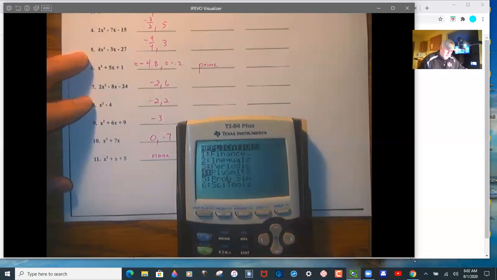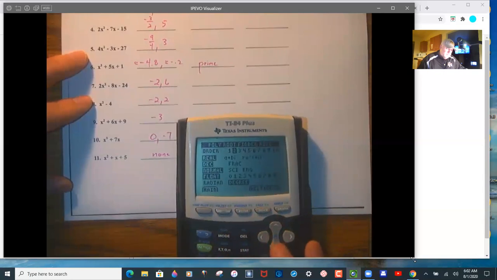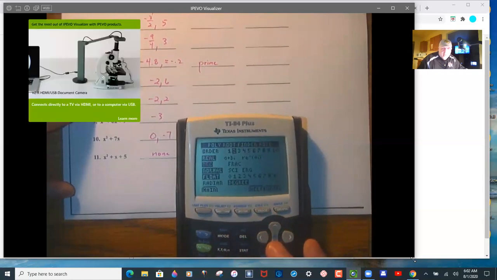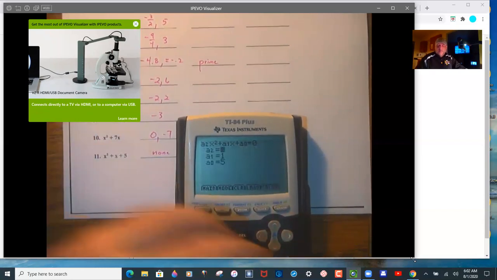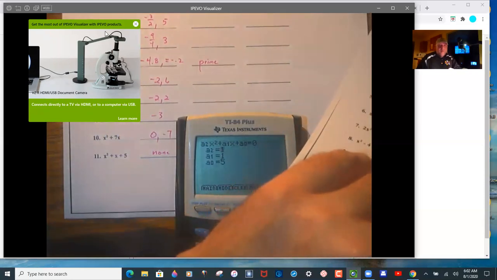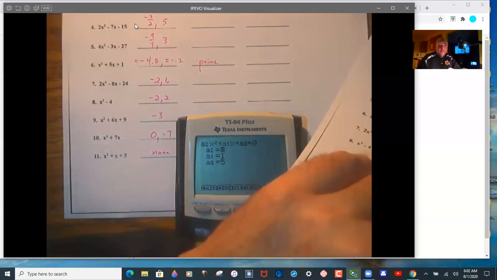Let me start this back up again here. So in our mode here, oh yeah, stay on real right here, and if you don't, you're going to get some weird roots, imaginary roots with an i. I'll show you that.